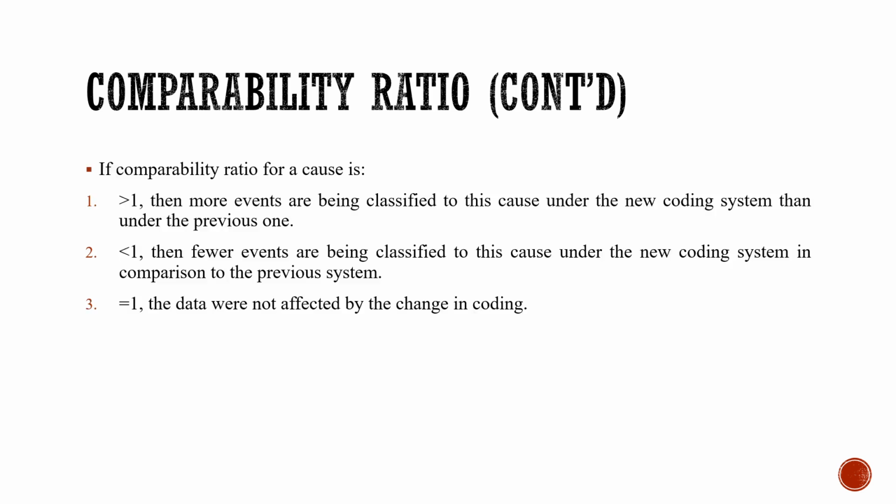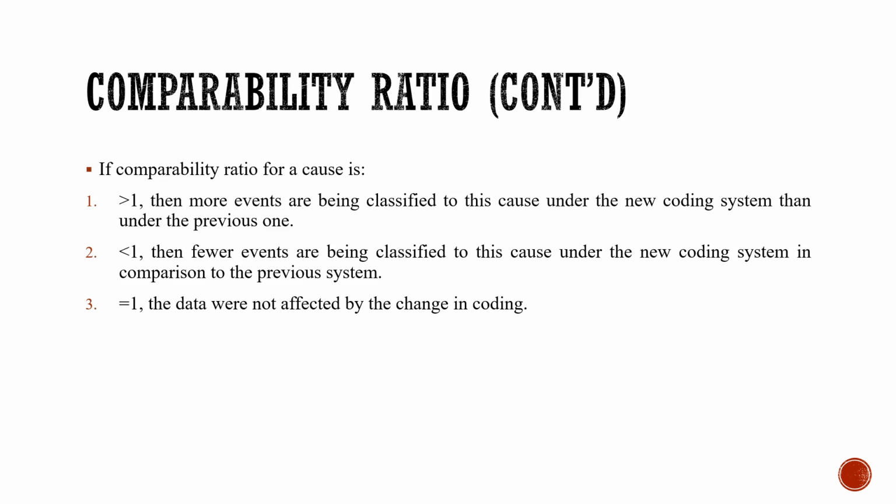If the comparability ratio for a cause is more than 1, that means more events are being classified to this cause under the new coding system compared to the previous one. If the comparability ratio is less than 1, then fewer events are being classified to this cause under the new coding system.